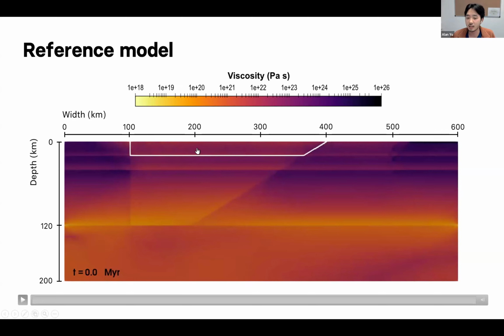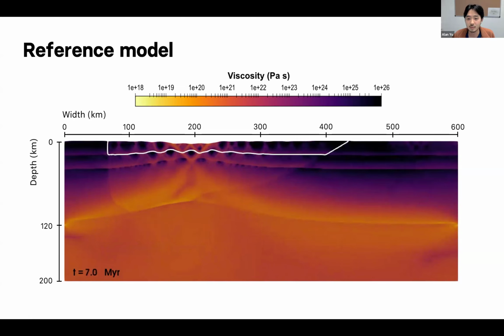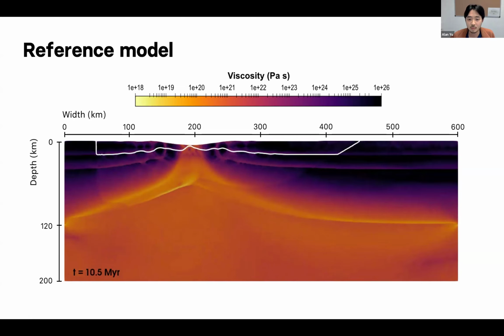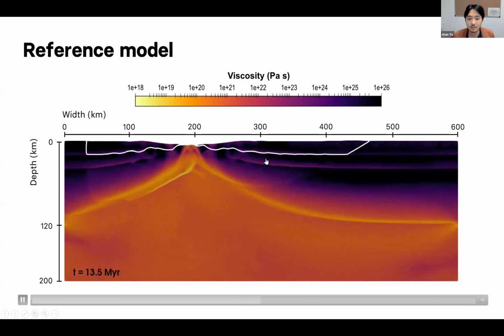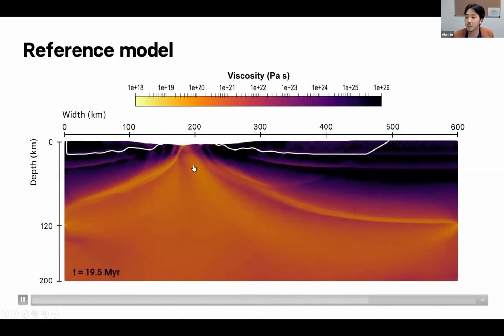We can see in a second that a continental fragment will be created from here. So as you can see here, a fragment is being created.